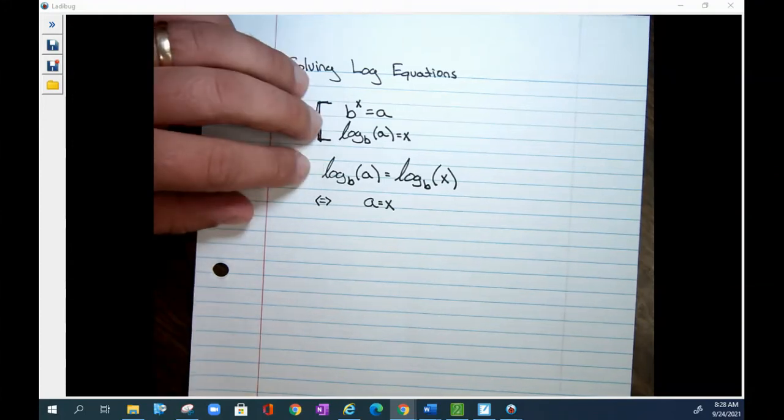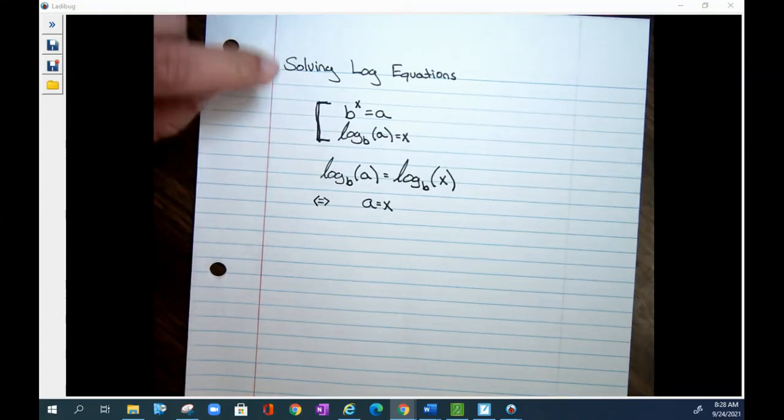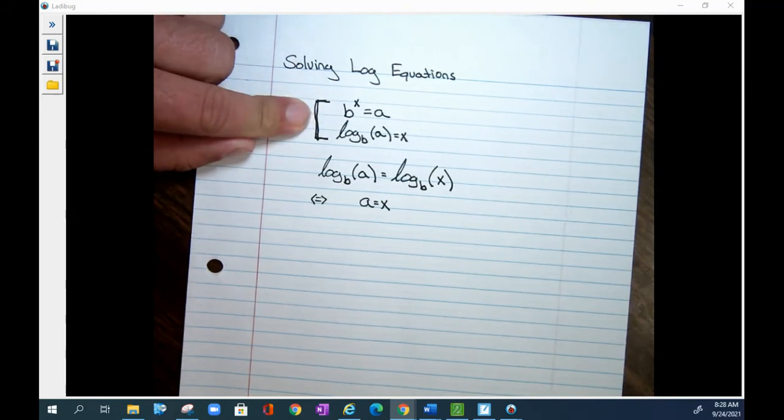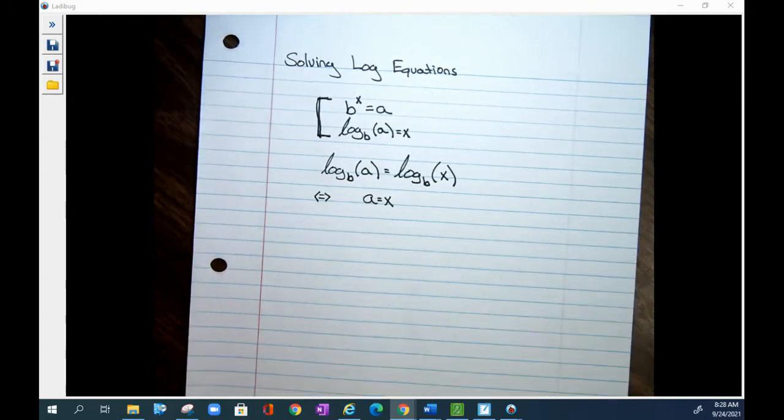And then you may end up with an equation that looks like this, or you may end up having to do this guy. So it just kind of depends. What you're going to have to do is be sort of flexible. And when you get a log equation, they always look gross because they just say log in them. It just doesn't look nice. And your job is to make it look nice and get it into a thing you know how to solve, which is essentially going to be just a linear or a quadratic equation. Okay?